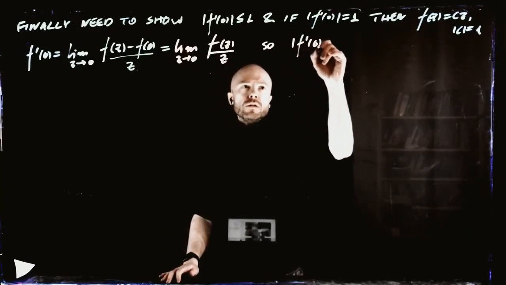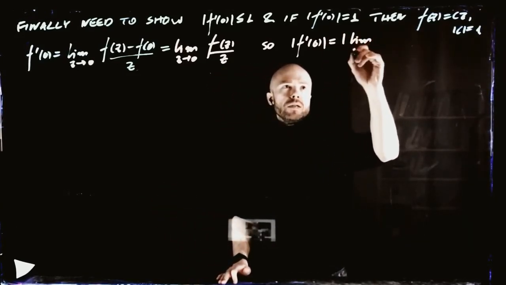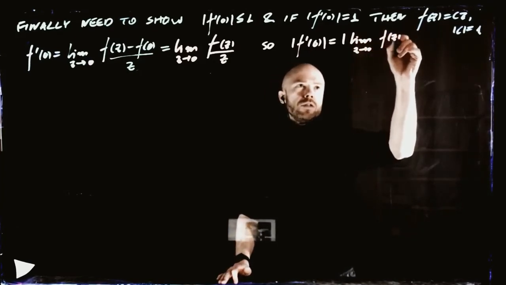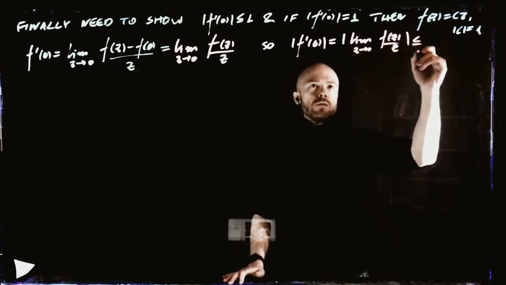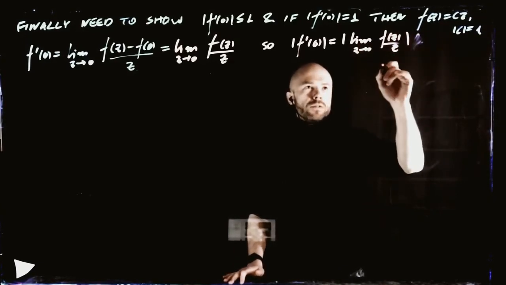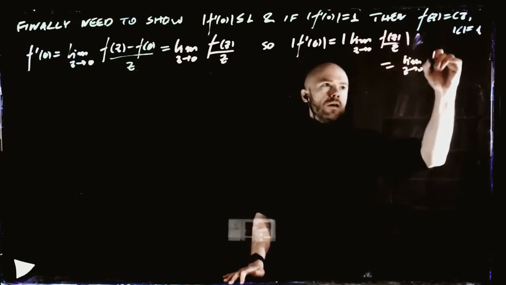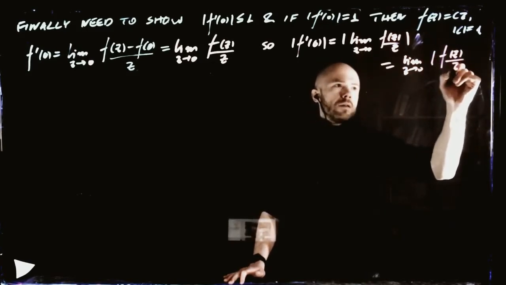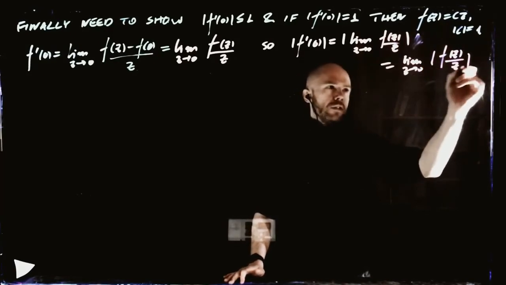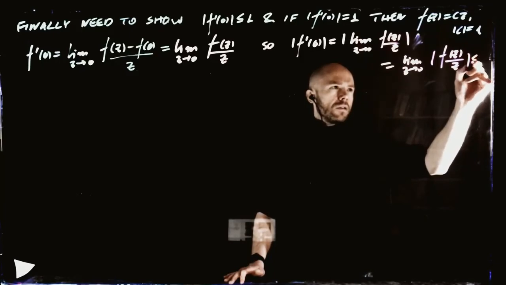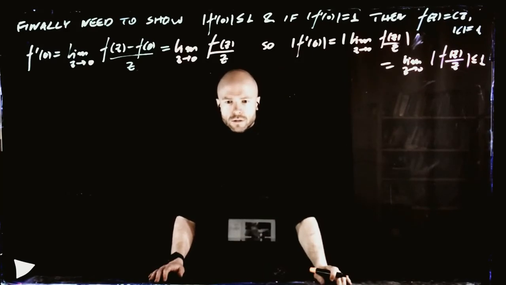The absolute value is a continuous function, so the absolute value of the limit as z goes to 0 of f of z over z is equal to the limit as z goes to 0 of the absolute value of this thing, because absolute value is continuous, and this thing is just less than or equal to 1. I actually don't even need that, I just need that this is less than or equal to 1. So we're all good. Yeah?